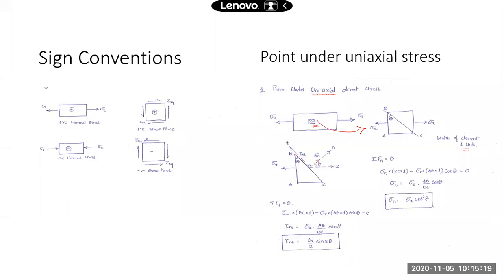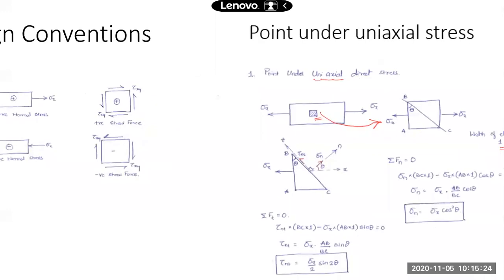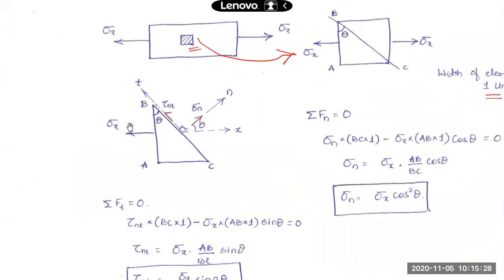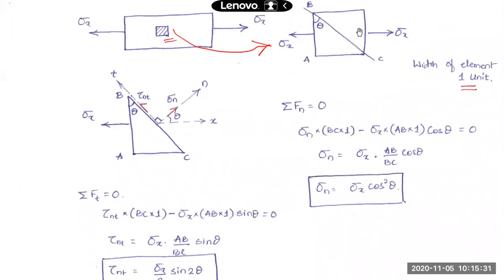On the plane BC, we want to find the stresses: one normal to the plane BC, which is sigma n, and another tangential to the plane BC, which is tau nt, the shearing stress.